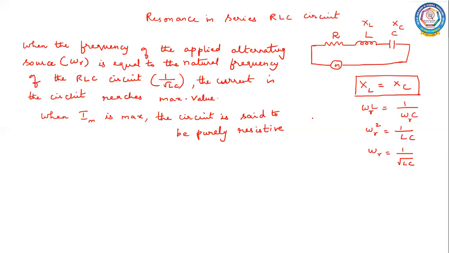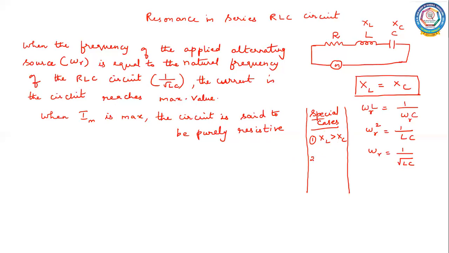We have already discussed the special cases of the RLC circuit in previous videos. What are the three special cases we have discussed, children? The first case is when XL is greater than XC, which means the inductive reactance is greater than the capacitive reactance. Here the circuit is said to be purely inductive.